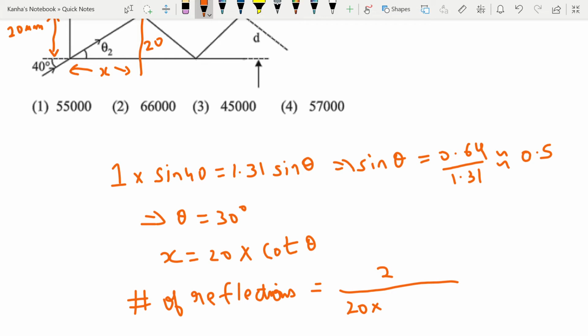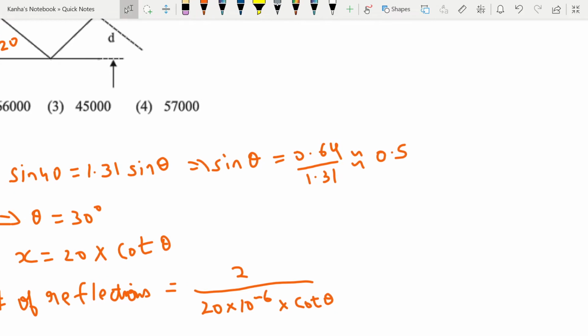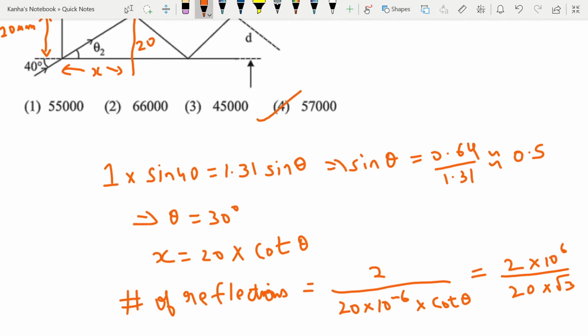First of all, let me write this in terms of the standard units, because this was 20 micrometer and we already have the value of theta as 30. So this comes out to be 2 into 10 to the power 6 divided by 20 into root 3, which is approximately 57000, which is the fourth answer.